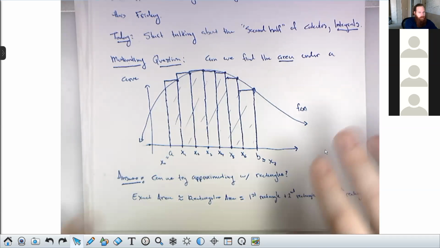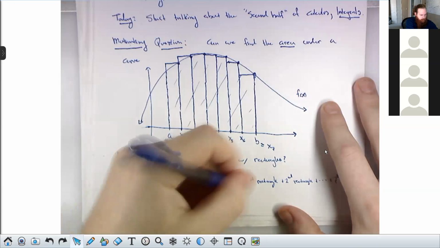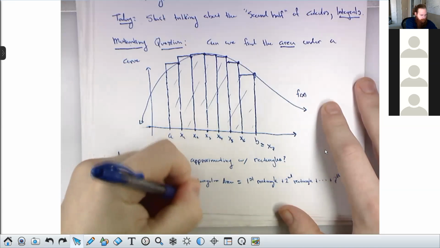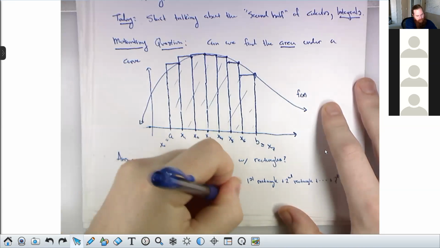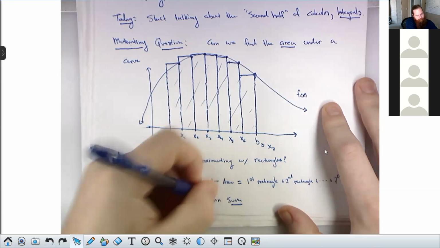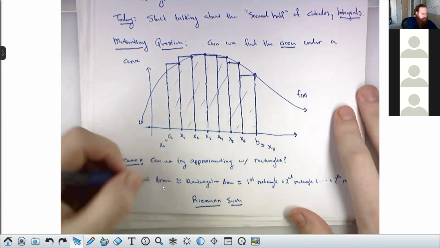This is called a Riemann sum. The exact area here is called a definite integral.